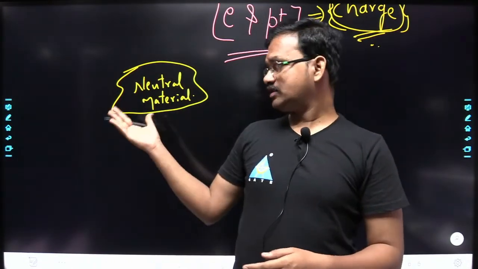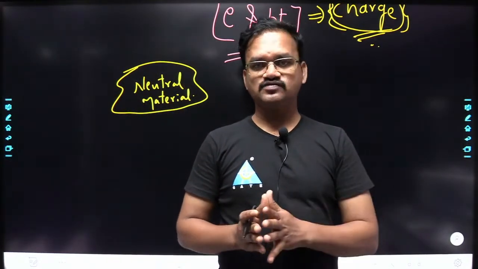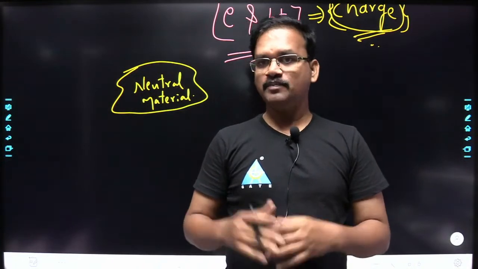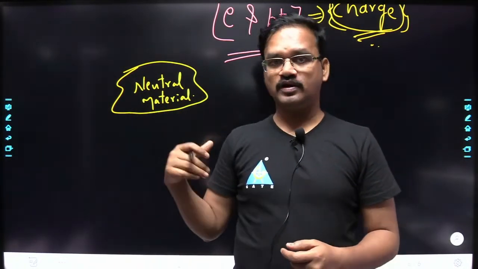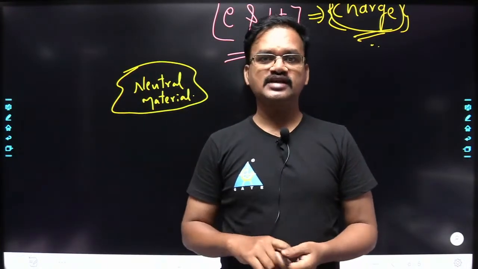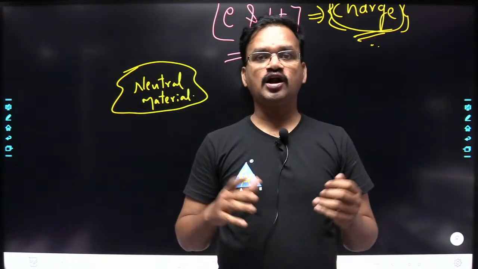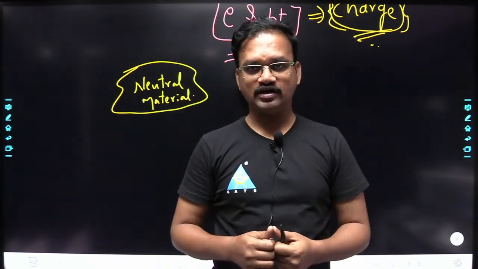Even though this material consists of both positive and negative charge carriers, we cannot see the effect of charge. Yes or no here? Even though the material has a huge number of protons and electrons, we cannot see the effect of charge.